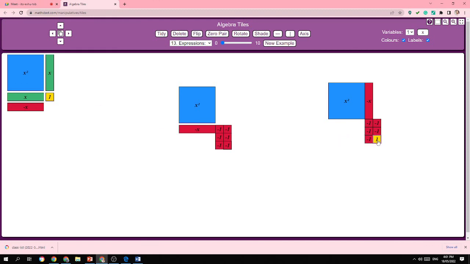Okay, there you go. Okay, so what will I do here? Place zero pairs. If we place a zero pair, look at this one. I'm going to be putting one zero pair.